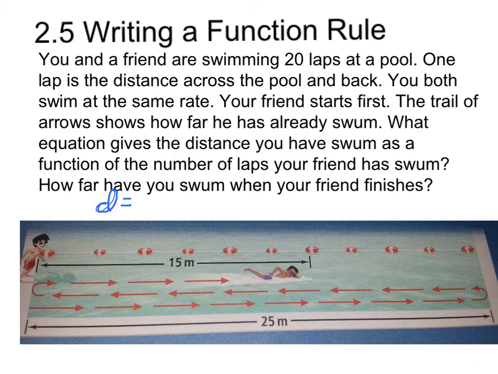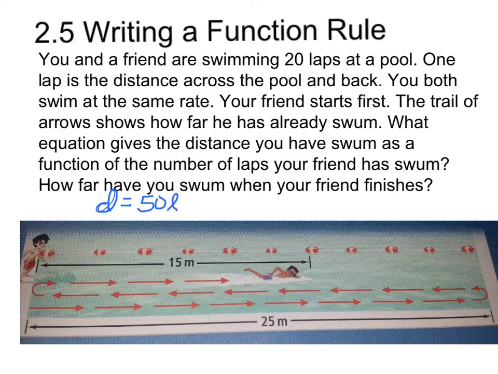So what do we know? Well, we have 20 laps at a pool. That's how far we're going. But wait a minute, how far is a lap? A lap is down and back. So how many meters is one lap? It'd be 50. So we do 50L.